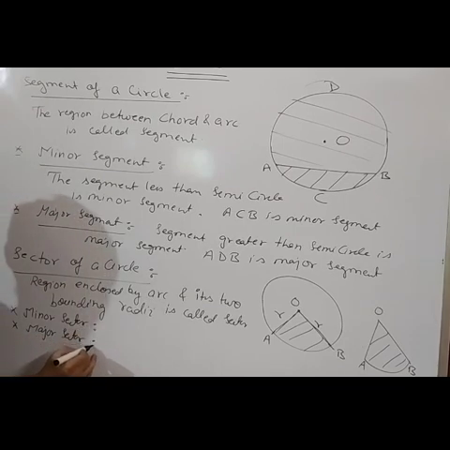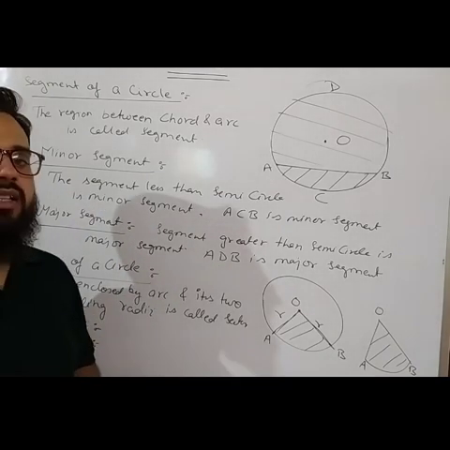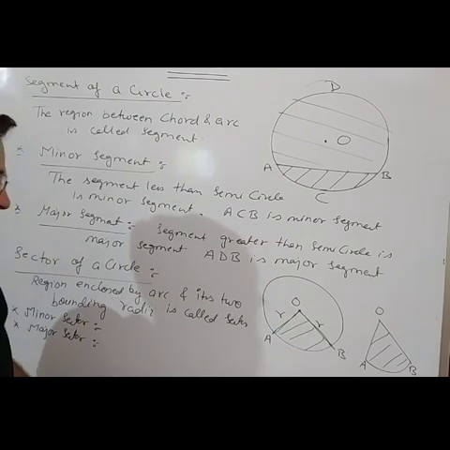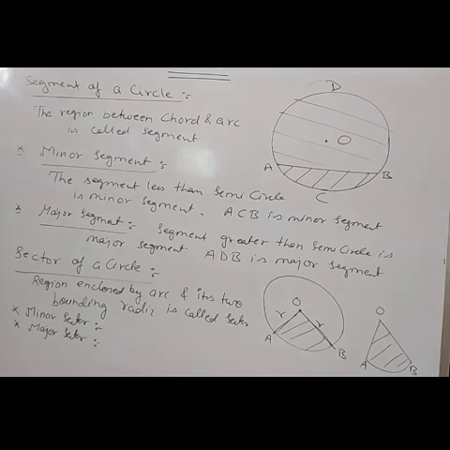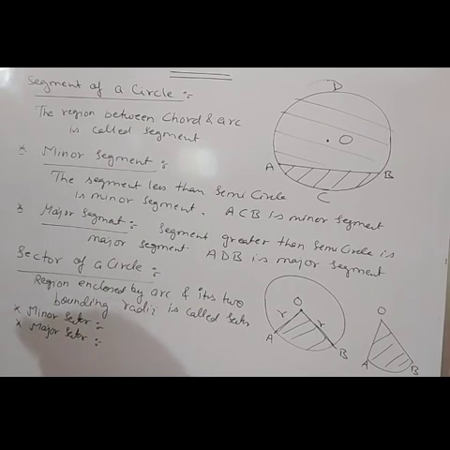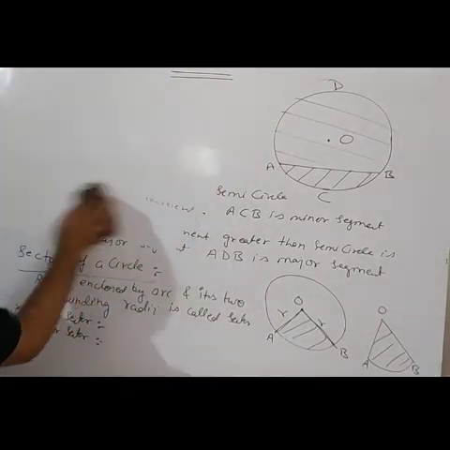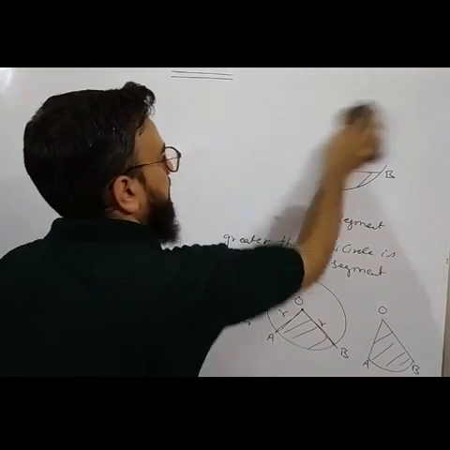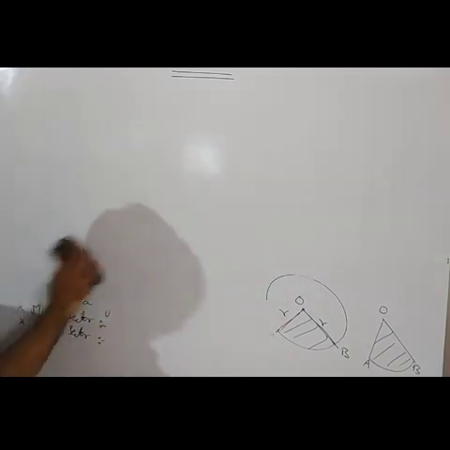You can write yourself: if the area of the sector is less than a semicircle, then it will be a minor sector, and if it is greater than a semicircle, then we will take it as a major sector. So these were some basic terms related to the circle. We have discussed the definition of circle and all the basic terms related with the circle.